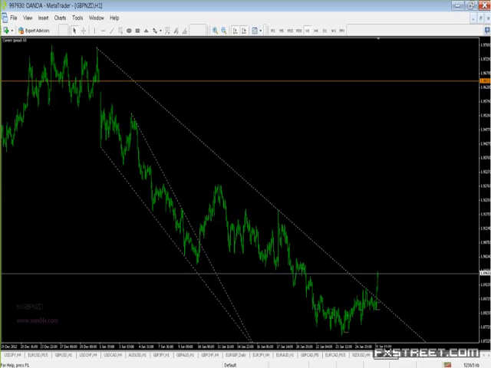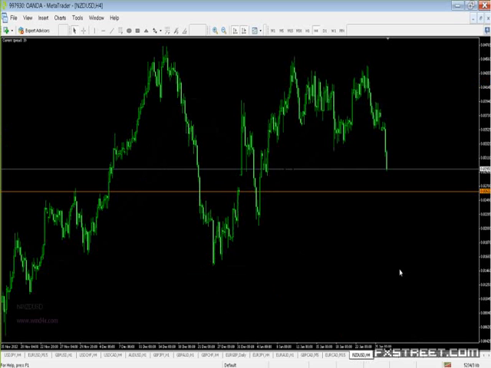So what that would suggest about what's going on here on pound Kiwi is that this is more about the Kiwi than it is about the pound. And my reason for saying that is, if it's more about the Kiwi than it is about the pound, then you're going to be looking for a continuation of this price falling on the Kiwi, right? And on Kiwi, the spread is under 2 pips, right?